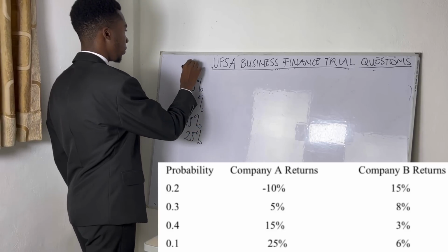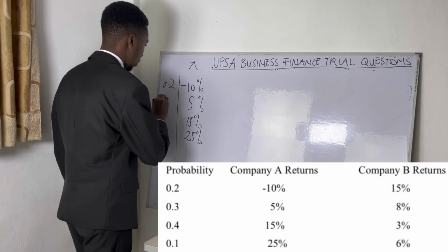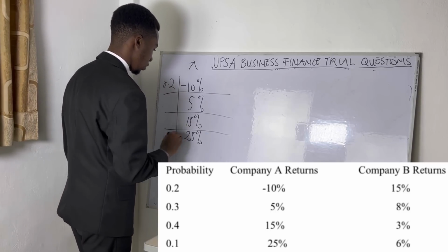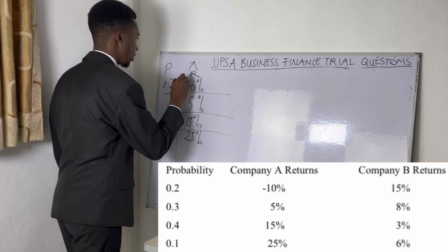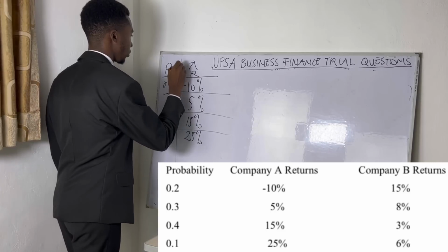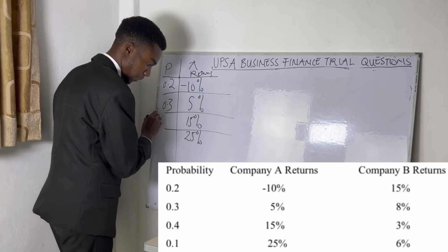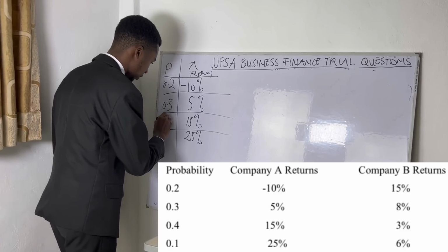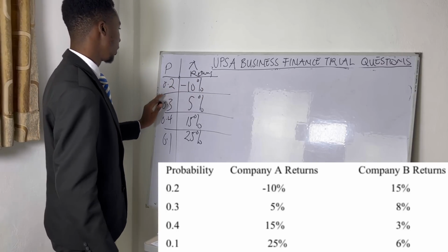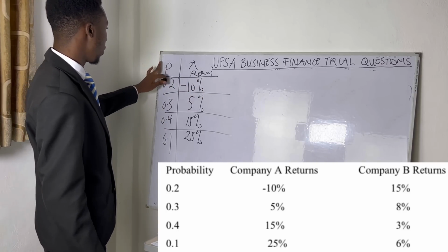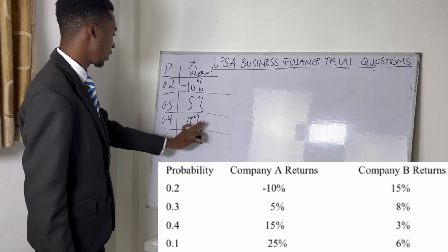These are the returns for company A. Then the probabilities are 0.2, 0.3, 0.4, and 0.1. So we are going to multiply the probability by the returns, plus this probability by the returns, plus this probability by the returns, plus this probability by the returns.